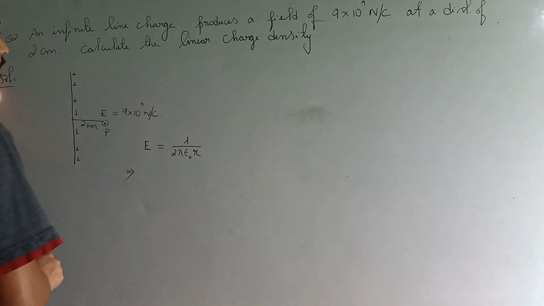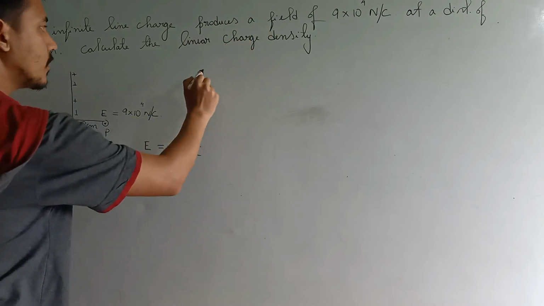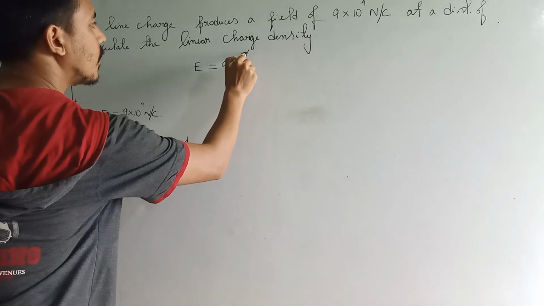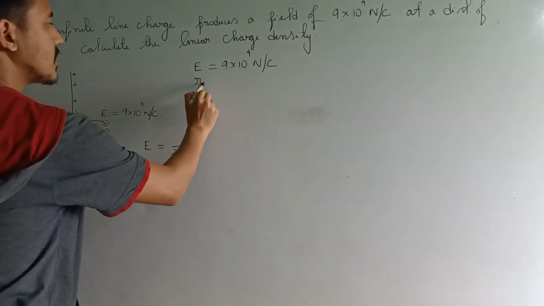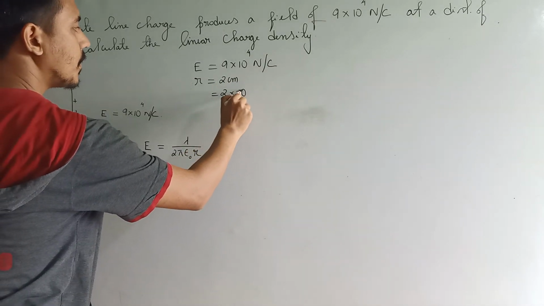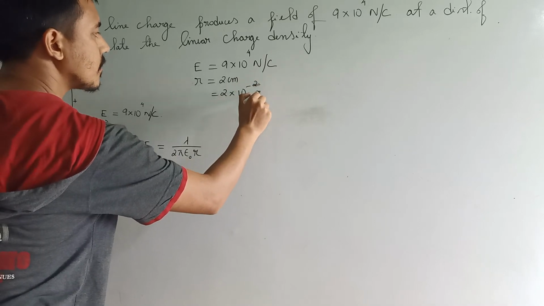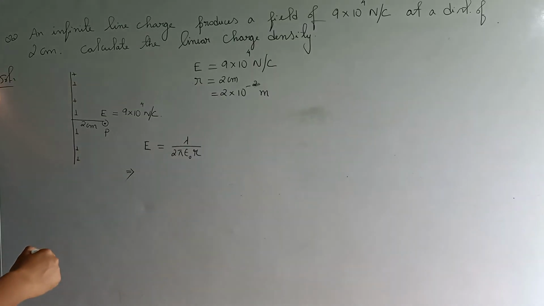So in order to calculate lambda, we need E. Your electric field is given to be 9 into 10 to the power 4 Newton per coulomb. The distance is given to be 2 centimeters, so 2 into 10 to the power minus 2 meters, that is, divided by 100 to get it in meters.